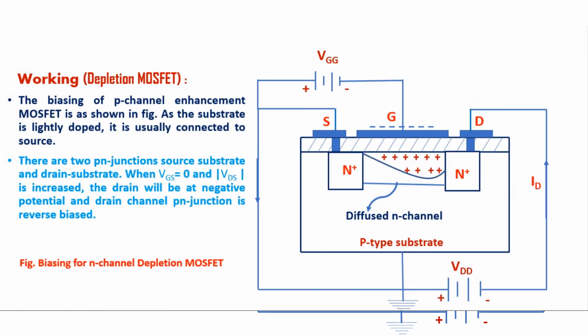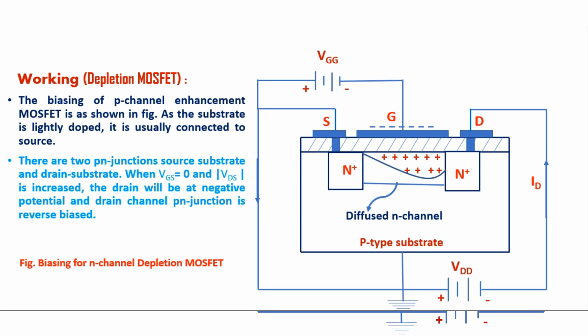In order to study the working of depletion MOSFET, we will have to consider three states. The first state is when gate to source voltage is equal to 0. The second case is where the gate to source voltage is negative, and the third case is where the gate to source voltage is positive.